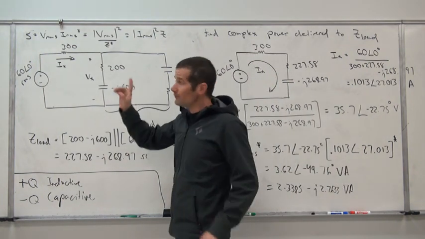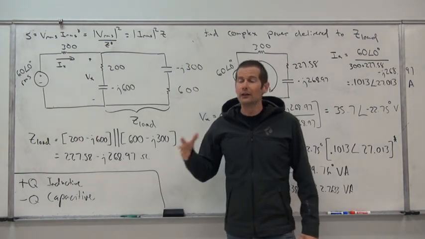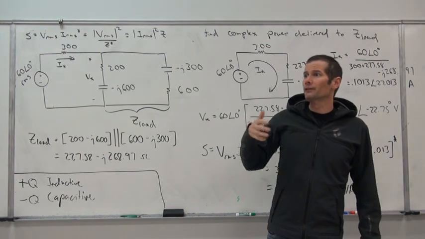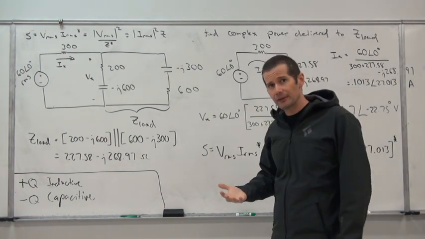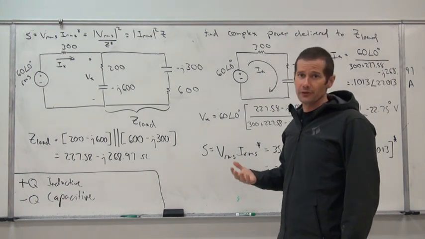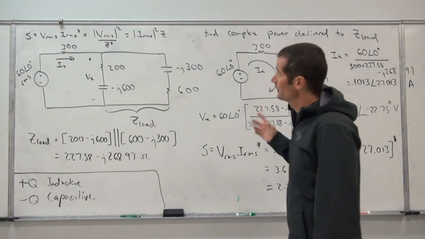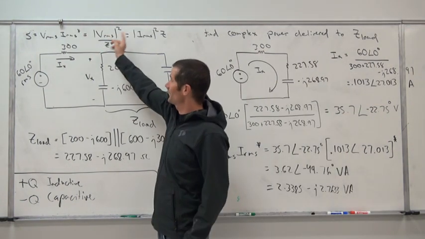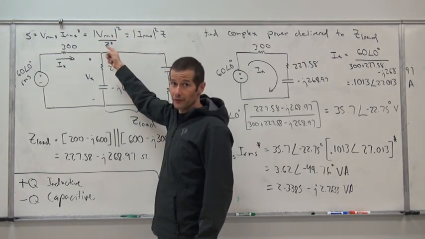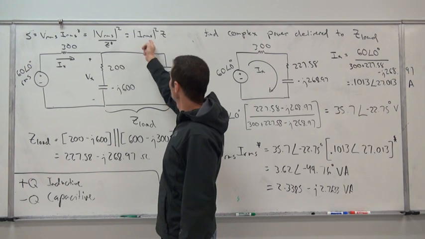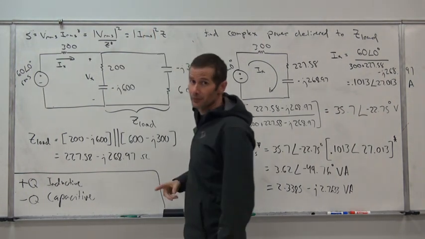Just in the same way that we could take Ohm's law, or the impedance version of Ohm's law, and re-manipulate it into all voltage and impedance, or all current and impedance. So here, the magnitude of V_RMS squared divided by the conjugate of the total impedance, or the magnitude of I_RMS (not conjugate) squared times the impedance itself.